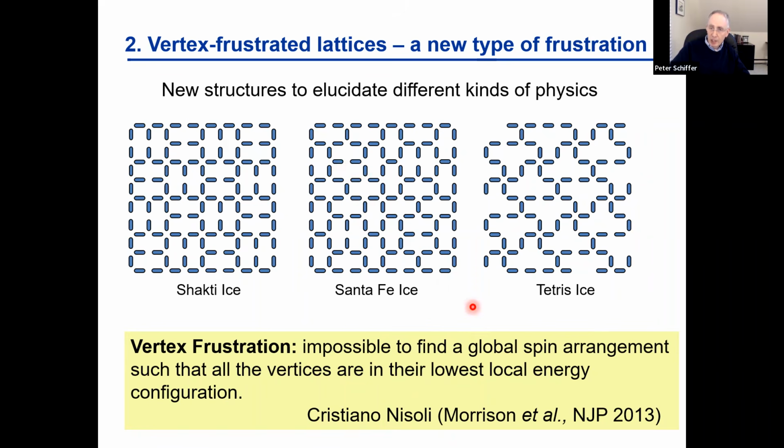What ends up happening is that you can't have each vertex in its local ground state. In the Kagome and the square lattice, you could get all the vertices into their lowest energy states. It turns out in these 3 lattices that I'll talk about separately, you can't get all the different vertices into their individual ground states.